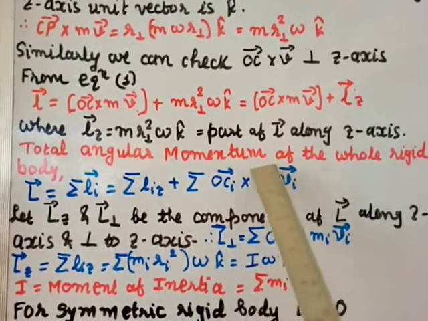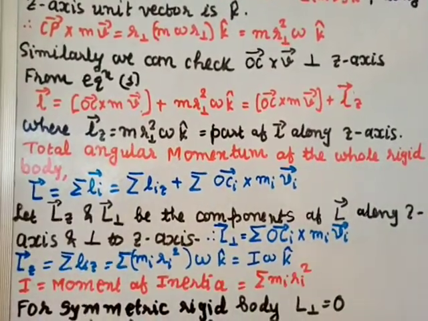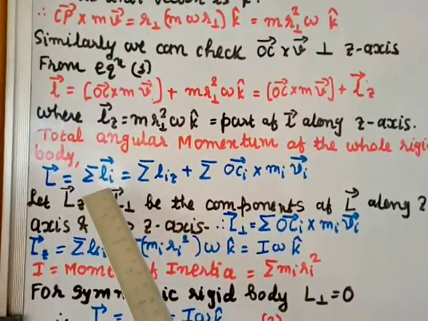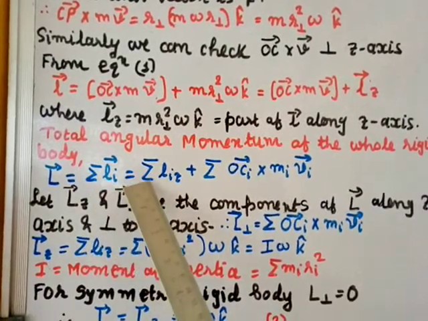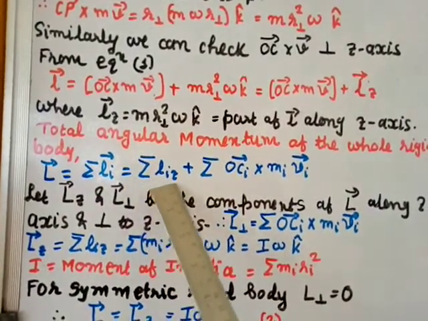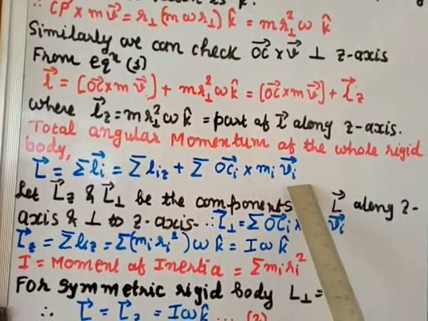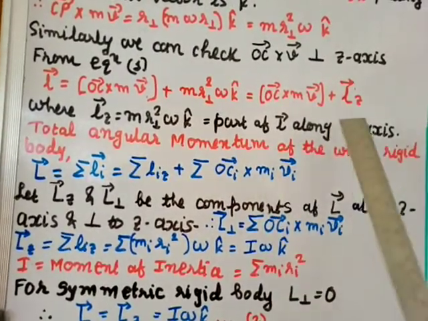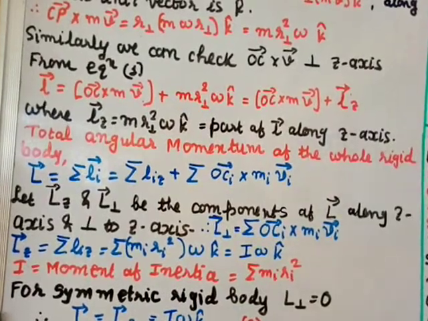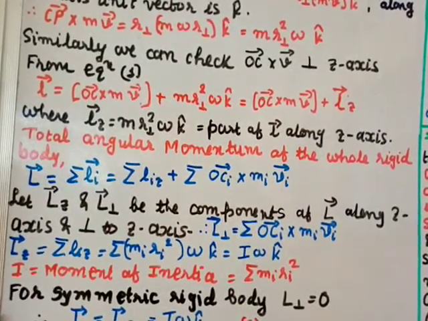The total angular momentum of the whole rigid body, vector L, equals summation of vector Li, equals summation of vector Liz plus summation of vector OCi cross mi vi. Now this is for a particular point P, right?